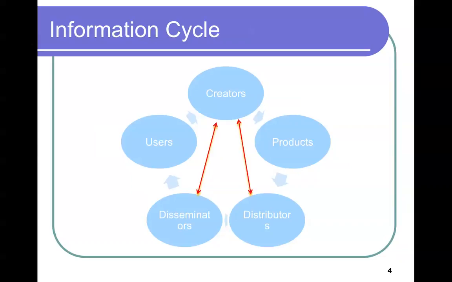Distributors, including bookstores, libraries, and other publishing companies, are responsible for distributing the products. The disseminator is similar to a wholesaler, and they not only deliver the information from the distributor to the end user, but also play the role of educating people, like the role of our librarians.